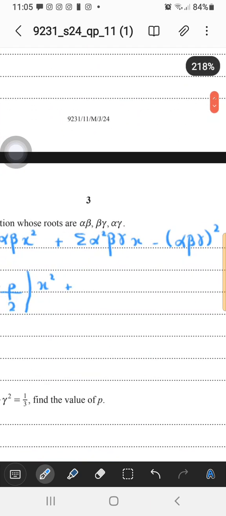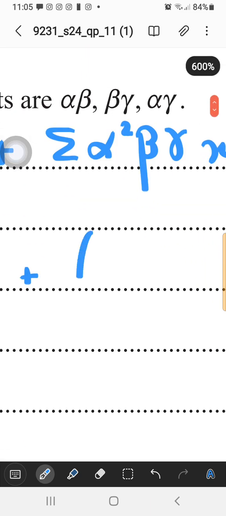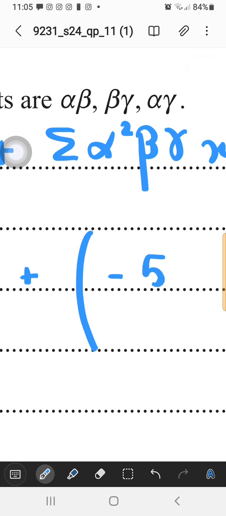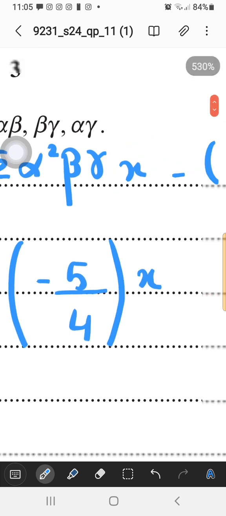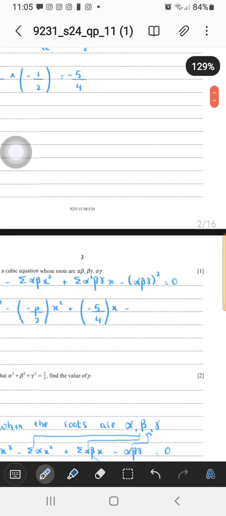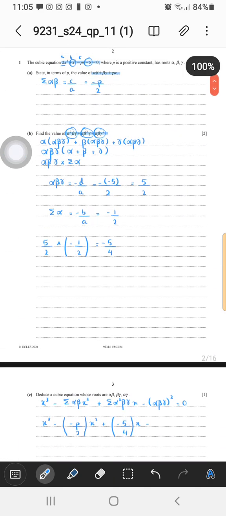Okay, so we had found out there negative 5 upon 4. Negative alpha beta gamma. Alpha beta gamma was 5 upon 2.